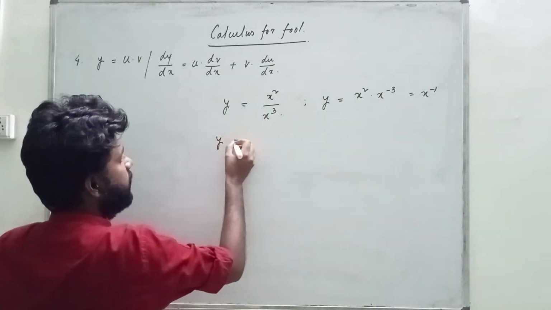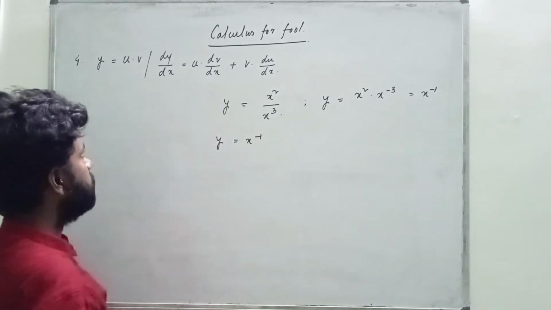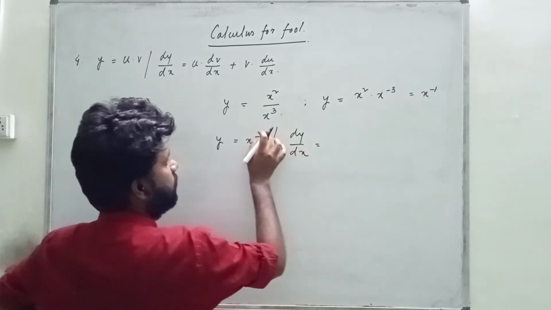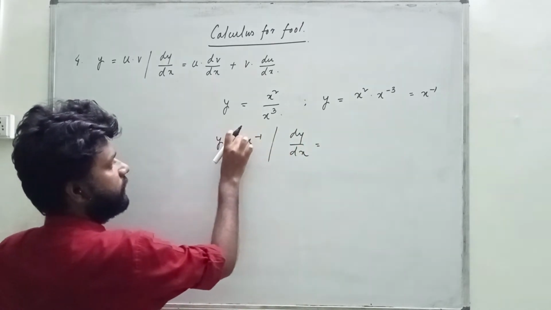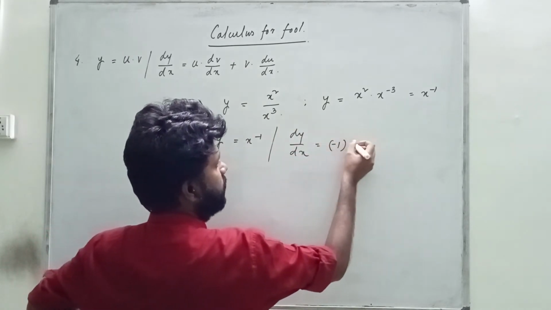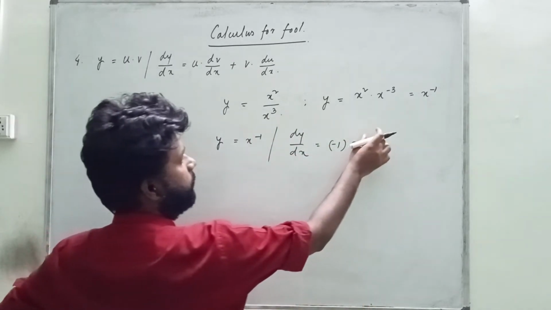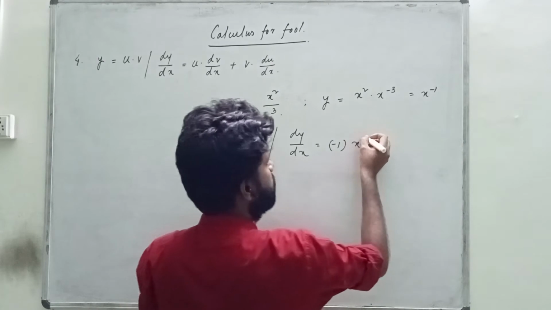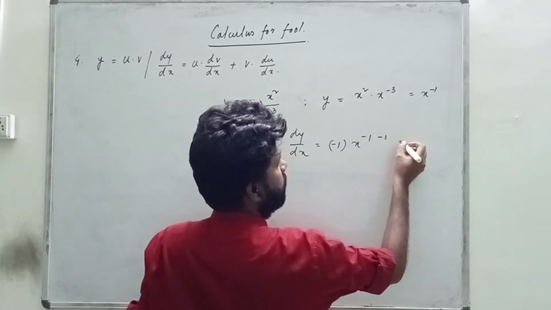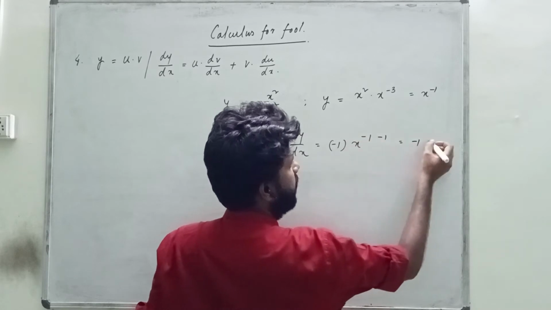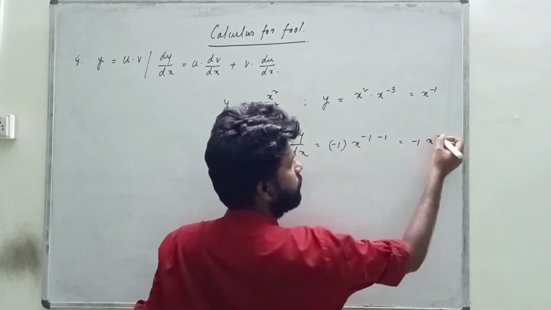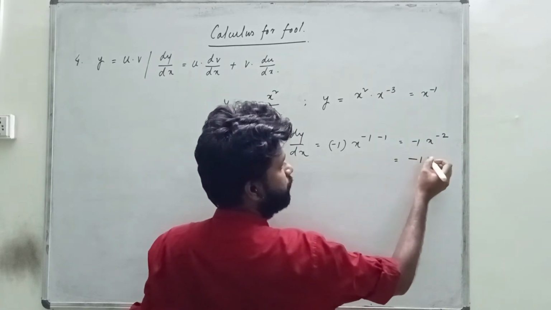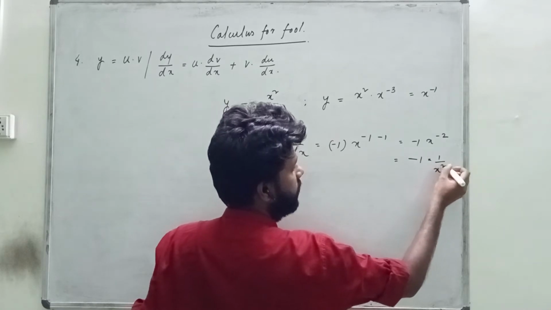So if y equals x power minus 1, what will happen? Dy over dx. It is very simple. Minus 1 goes to the coefficient here, it is a minus 1, and then x, and the power of x will become one step lesser from the minus 1. That means minus 1 minus 1. That means is the minus 1 here and is the x power. So minus 1 minus 1 means minus 2. And if you bring it down here, so minus 1 into 1 over x square.